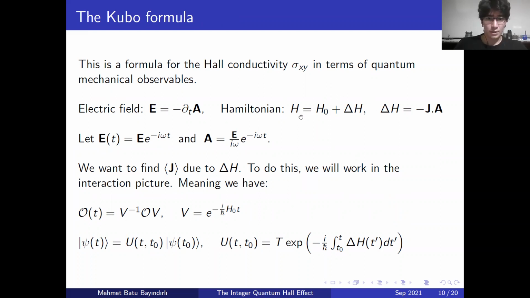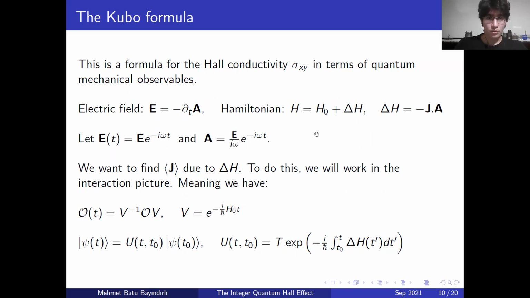So what we do is we introduce an electric field to our system. We have the 2D electron system with a magnetic field pointing upwards. We introduce an electric field as this. This is coming from Maxwell's equations, and we define our perturbation to be this.